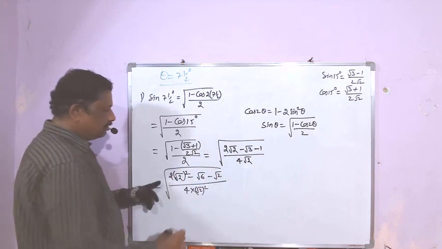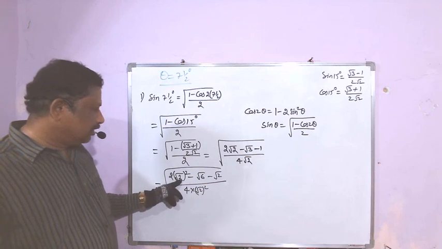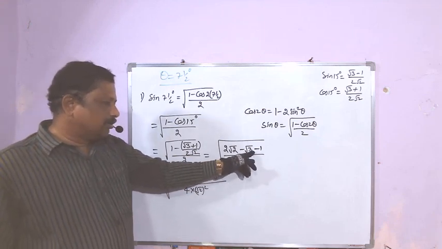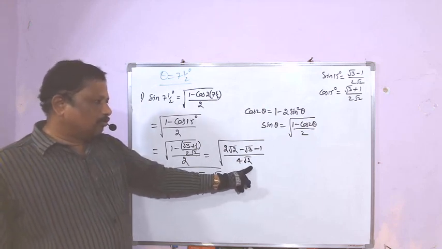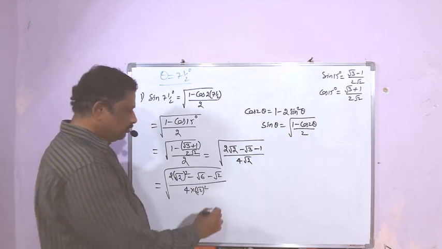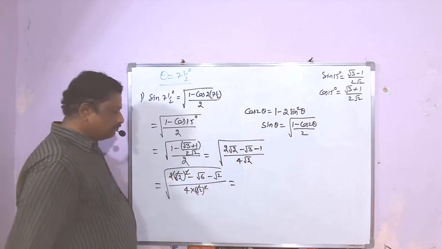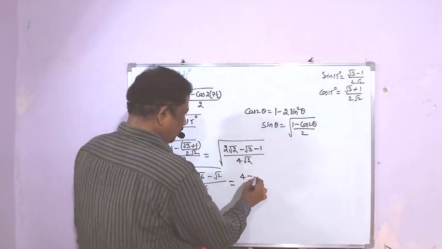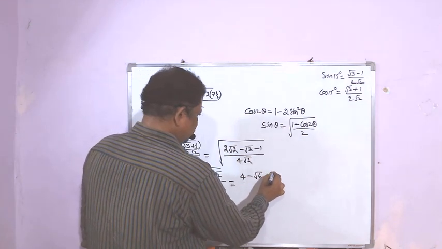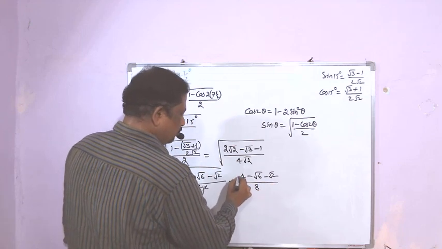What I did here: numerator and denominator I multiplied with root 2. So here it becomes root 2 whole square, root 2 into root 3 is root 6 minus root 2, here root 2 square. Now simplify, root 2 square gets cancelled, here also gets cancelled. So this one is 2 into 4 minus root 6 minus root 2, divided by root 8.